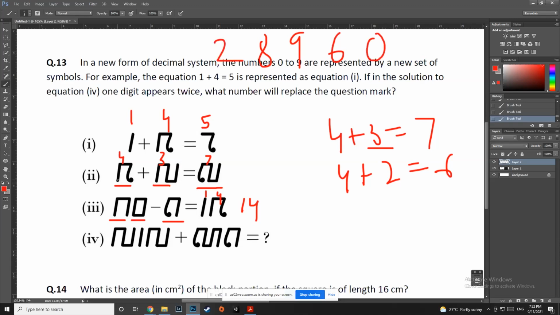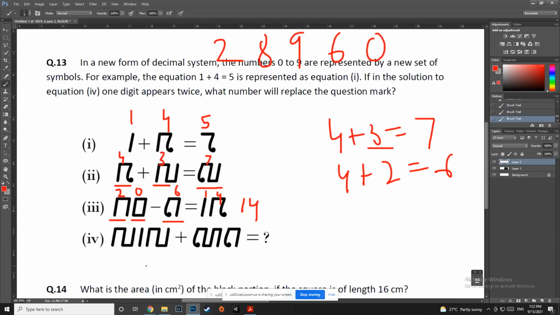Right? Out of that, 28 minus 9 will not give us 14. 26 minus 9 will not give us 14. 28 minus 6 will not give us 14. What will give us 14? 20 minus 6. Exactly. So we can think that this is 2, this is 0, and this could be 6. If that is the case, now we have 1, 2, 3, 4, 5, 6, 7, 8.